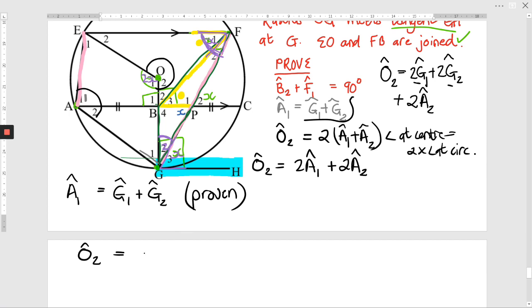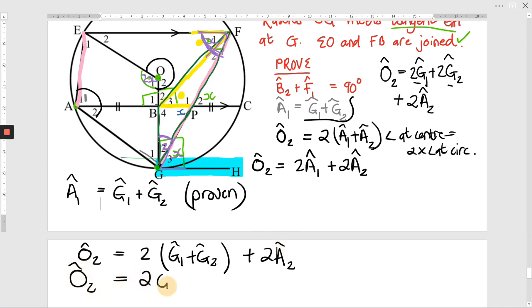So O2 is then 2 of A1, which is G1 plus G2. Okay, and O2 plus still the 2A2, so I got that far earlier. And now I'm just going to multiply out. Okay, so then I'm going to have 2 of G1 plus 2 of G2 plus 2 of A2.